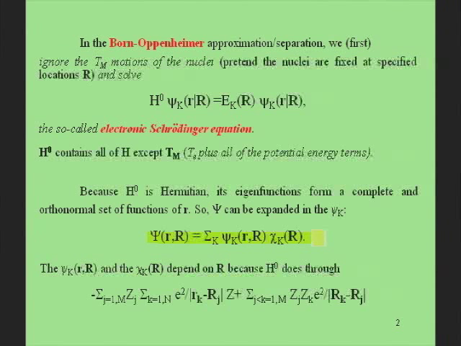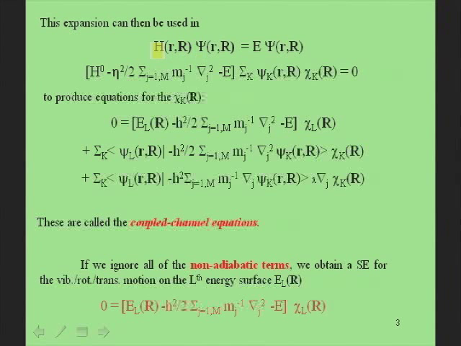When I do this, I go back to my full Schrodinger equation, now not H0, but H psi equals E psi. So I take this expansion for psi, the summation of psi k chi k, and plug it into the equation H psi equals E psi, where H contained all the terms of H0, but now also contains the kinetic energy of the nuclei.